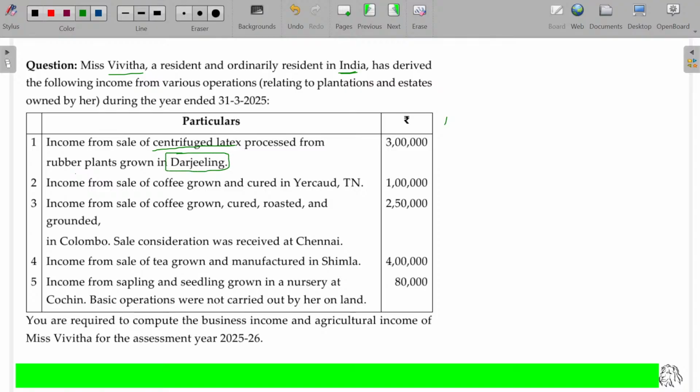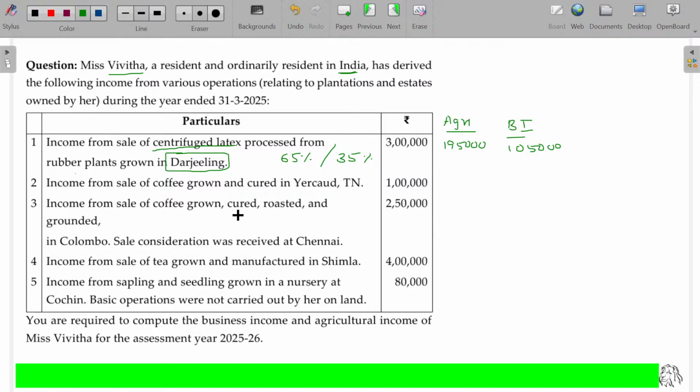Now you have to find out the agricultural as well as business income. Agri being 65%, business income being 35%. Taxable income being 1,05,000, 35% on 3 lakhs. 65% on 3 lakhs, 1,95,000 being the agricultural income. This agricultural income is not taxable. Is that clear?